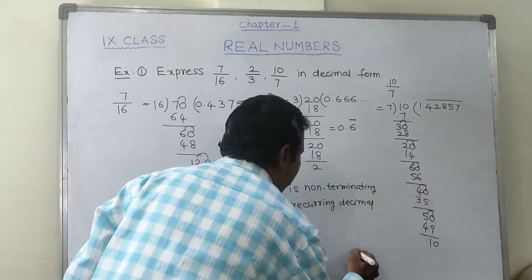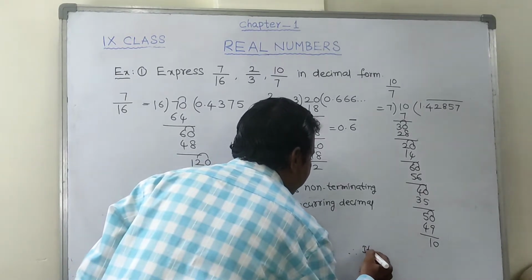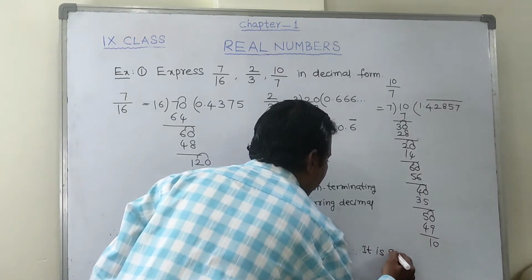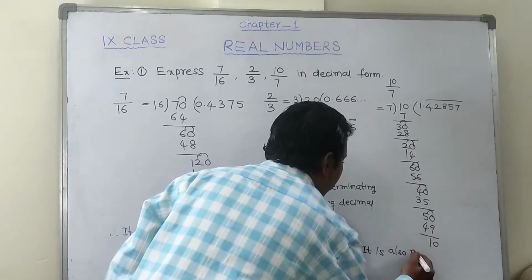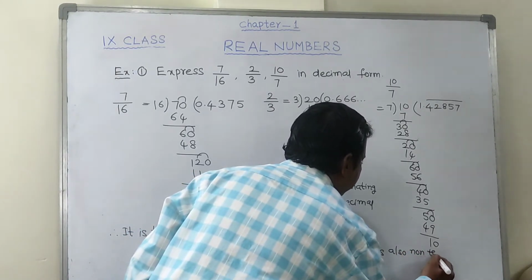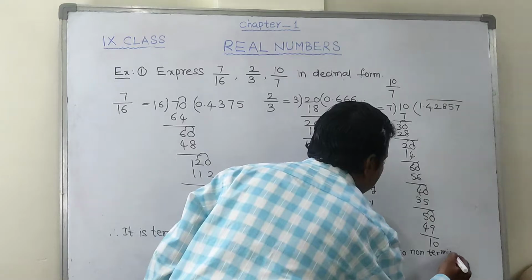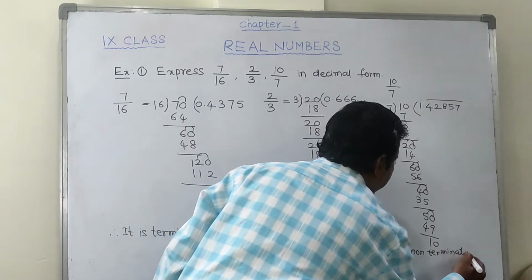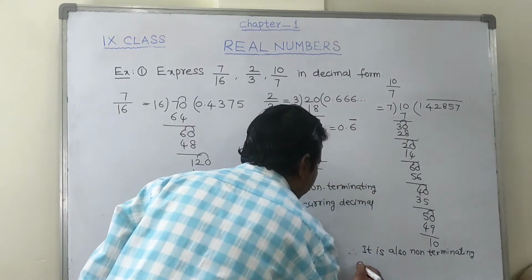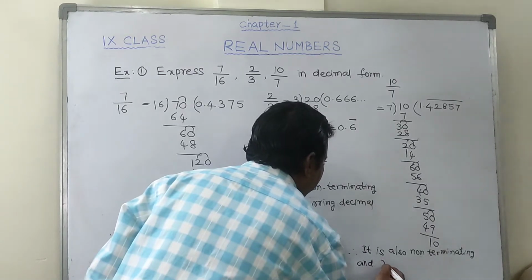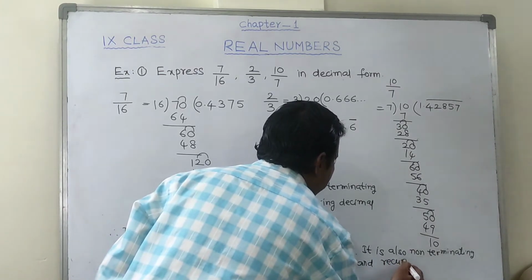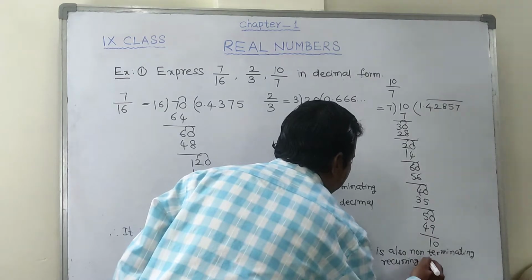So what do we have to write lastly? It is also non-terminating and recurring decimal. Non-terminating recurring decimal.